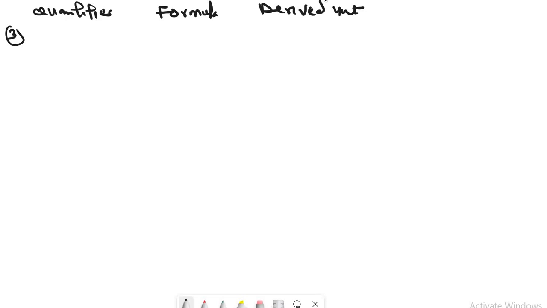Now we've seen velocity, we've seen acceleration. Let's see force. Another one is force. What is the formula for force? Mass times acceleration. What is the unit for mass? Kilogram. Acceleration is what? Meter per second square. So this is the derived unit for force, kilogram meter per second square.